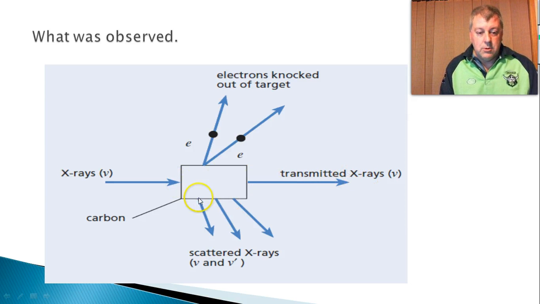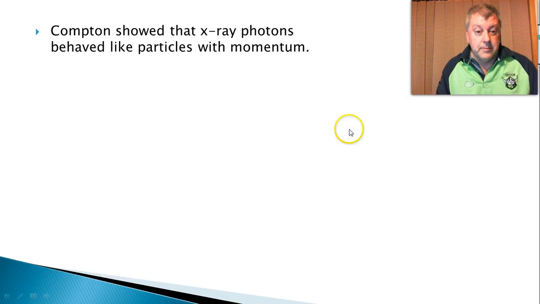But then he would also see other electrons which were scattered, and some of these electrons would either have the same velocity that they went in with, but others would have a new velocity. He would also see electrons that were knocked out of the target, and that was the observation, and he needed to make an explanation for it.